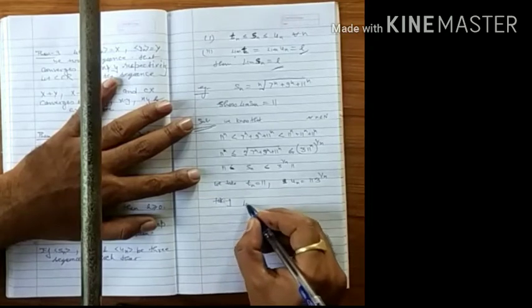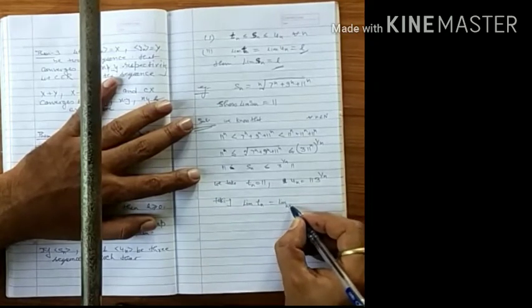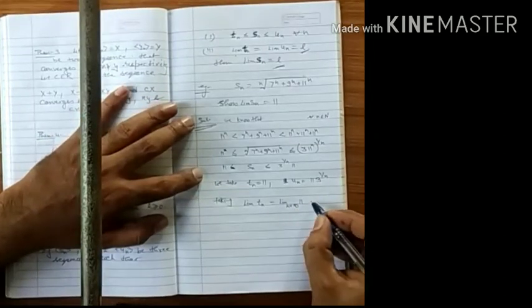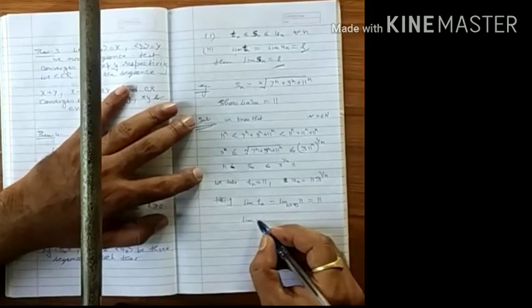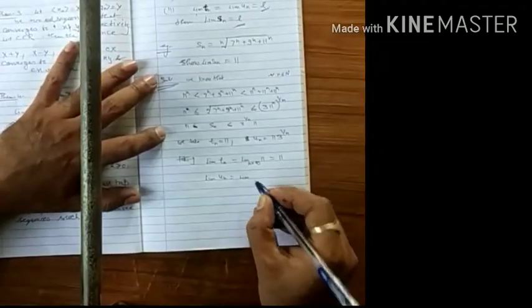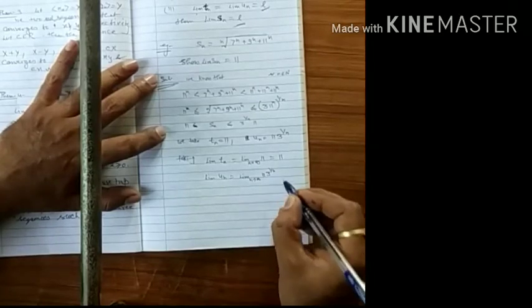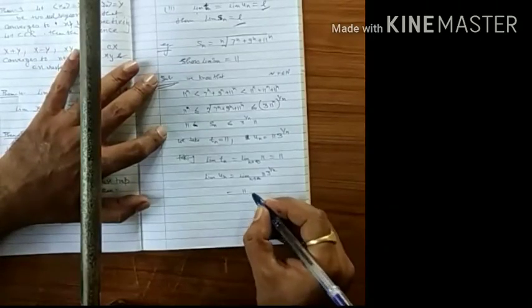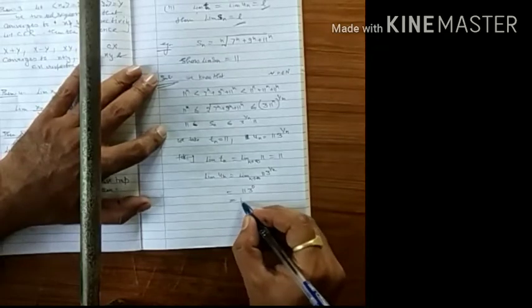find the limit of Tn. So limit Tn is the limit as n tends to infinity, and Tn is 11, so that is 11. And calculate limit Un, which is the limit as n tends to infinity of 11 into 3 raised to the power 1 by n. When we take the limit, this is 11 into 3 raised to the power 0, since 1 upon n is 1 upon infinity, which is 0, and that goes to 11.